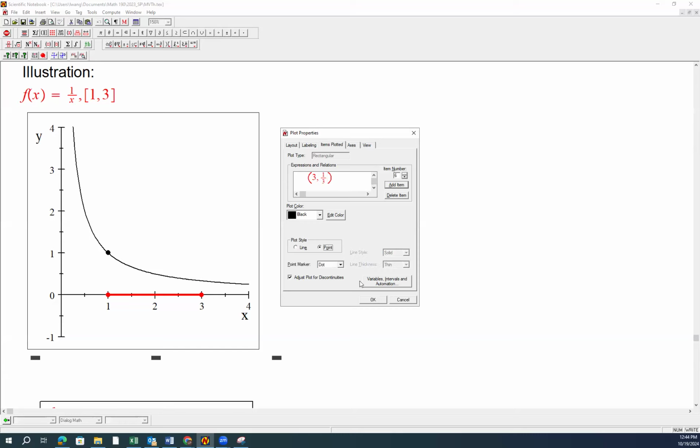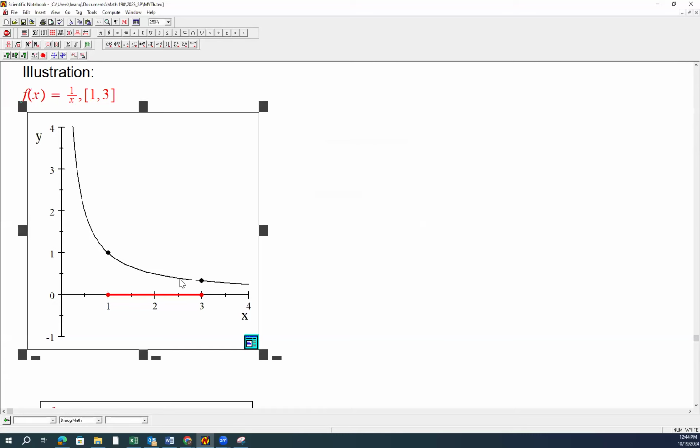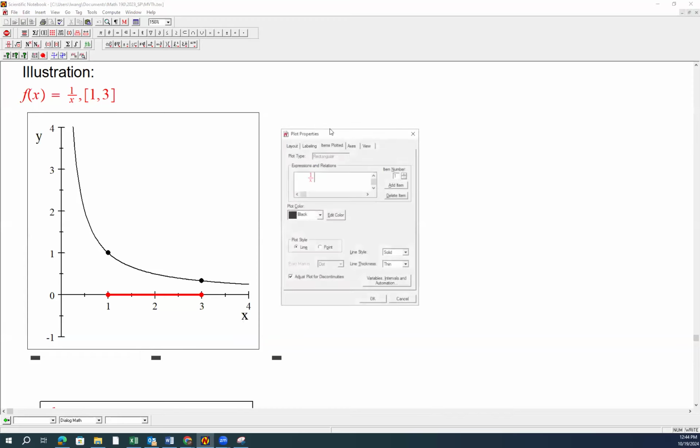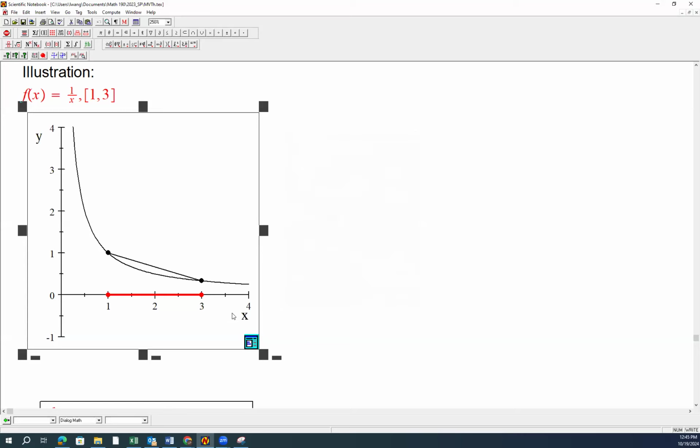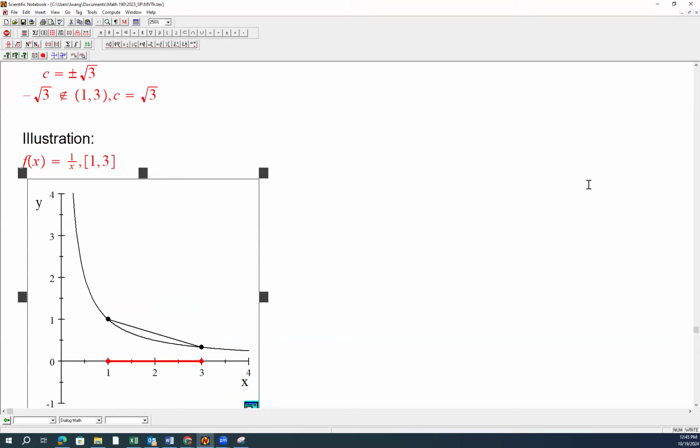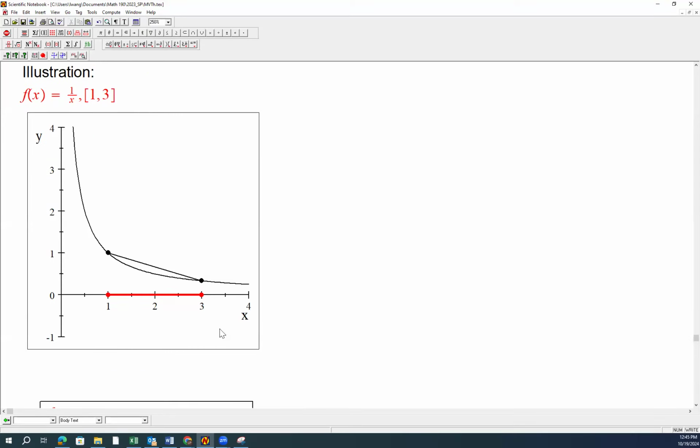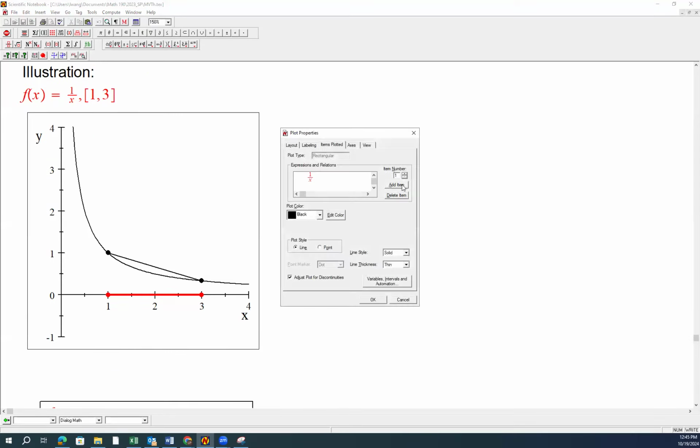So we're going to connect these two dots. So 1, 1, and 3, 1/3. We're connecting these two dots, and there's a secant line. So we found the C. So let's plot the C. Where is C?